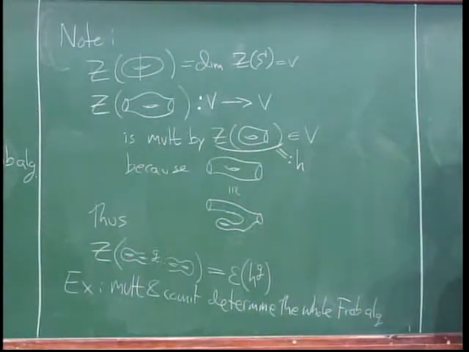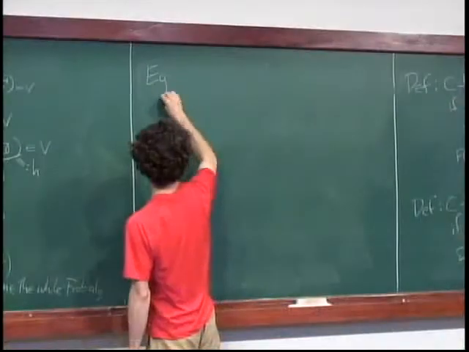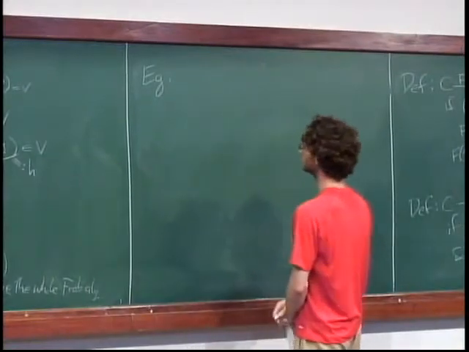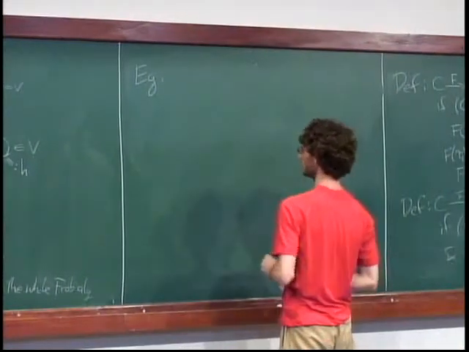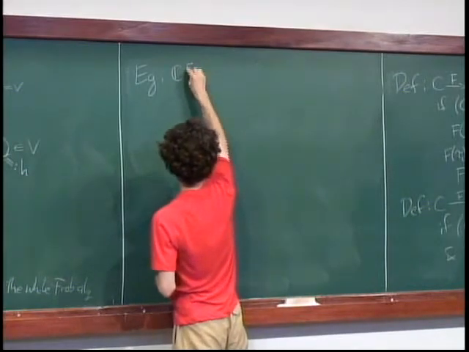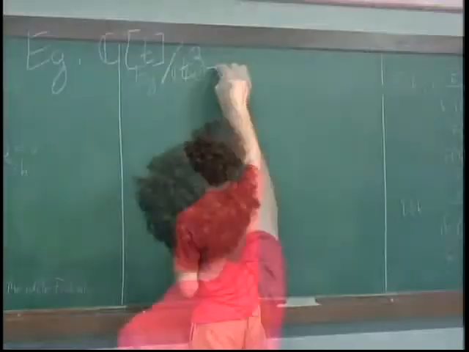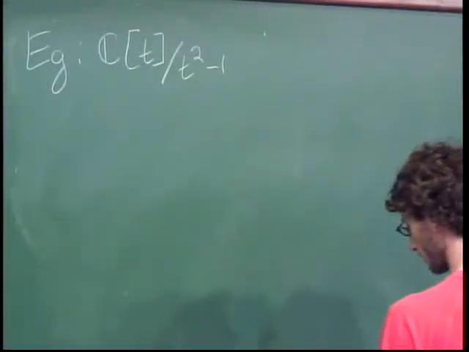So now, we have time for just one example, maybe. Let's look at the following algebra: C adjoin T mod T squared minus 1.